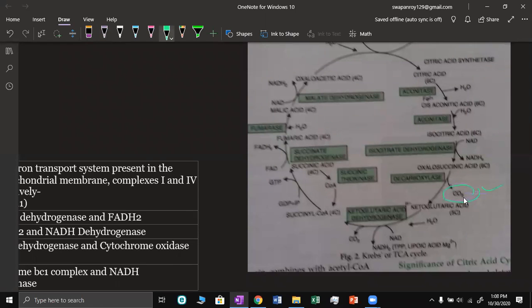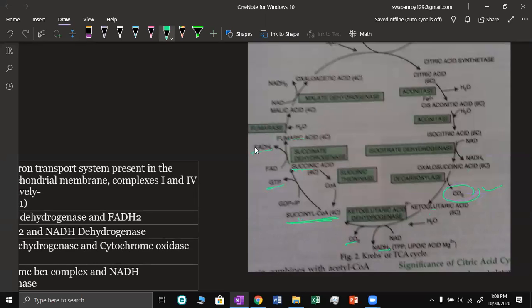This carbon dioxide you can see here. It is produced from oxalosuccinic acid to alpha ketoglutaric acid. Alpha ketoglutaric acid is converted into succinyl coenzyme A, and during this process, carbon dioxide and NADH2 are produced. Succinyl coenzyme A is changed into succinic acid. During that period, a GTP is produced. And when succinic acid is changed into fumaric acid, there is formation of FADH2.